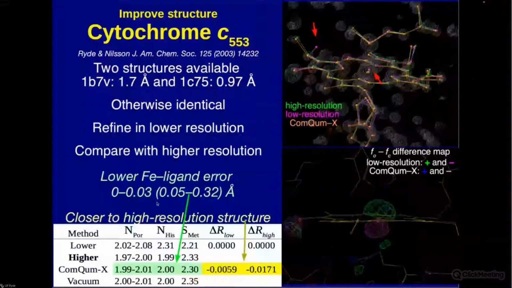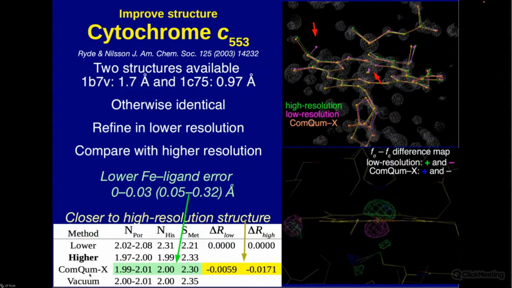And fortunately, there was quite a difference between the original low resolution structure and the high resolution structure, especially in this distance. And we could show that by our method, which we called ComQumX, we could bring the structure much closer to the high resolution data without actually using the high resolution data.